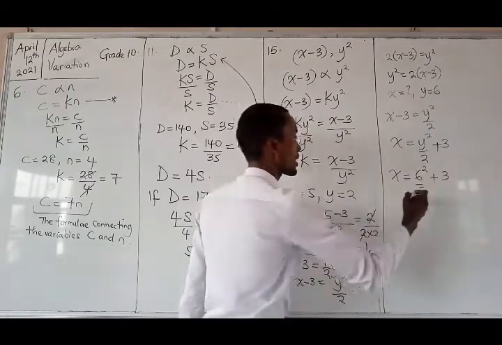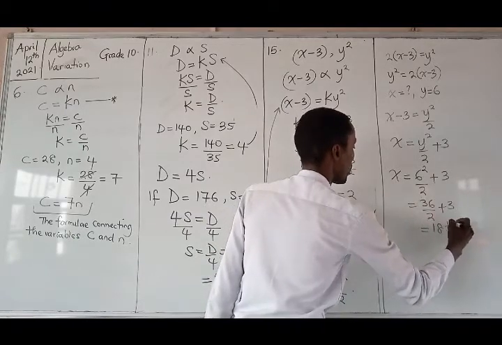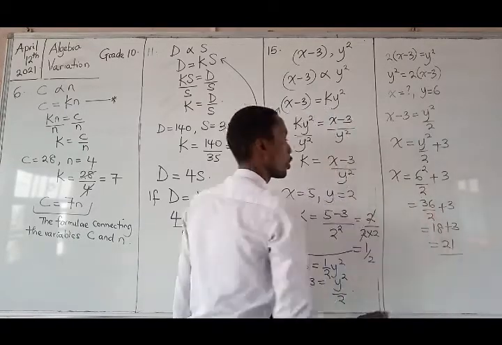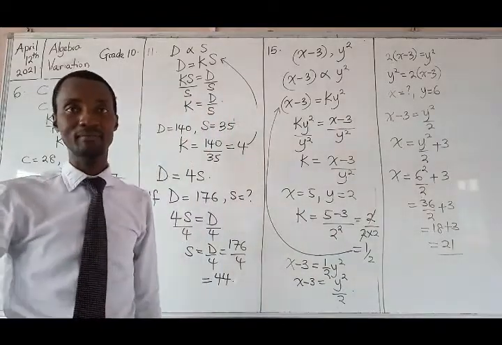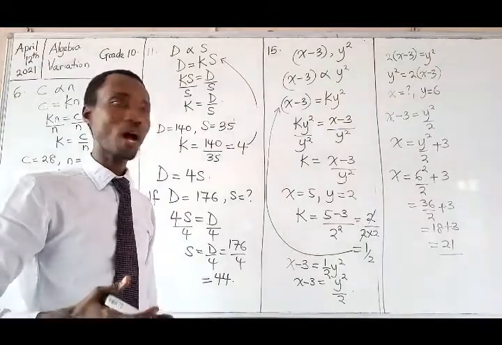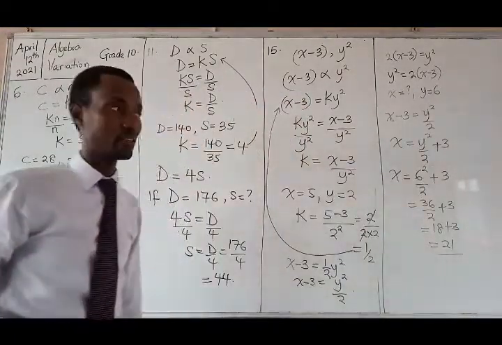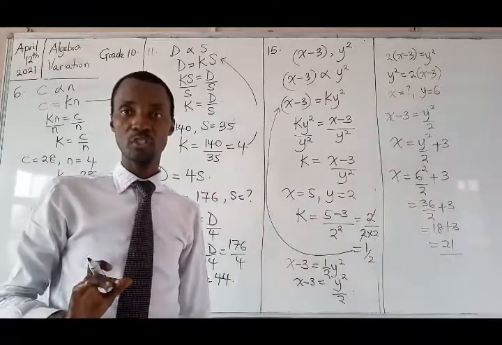What is 6 squared? That's what? 36 divided by 2 plus 3. 18 plus 3. And your final answer becomes what? 21. So that's it. Very straightforward. But dealing with algebra, we discovered that you're applying knowledge from your arithmetic. So that's the solution to that question.